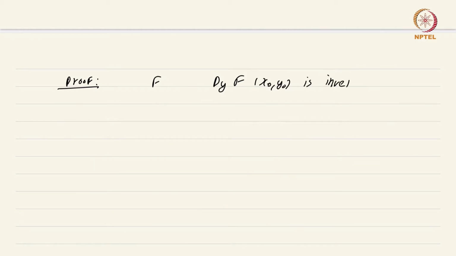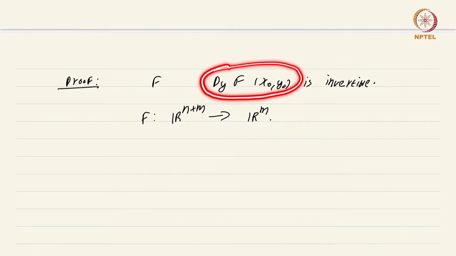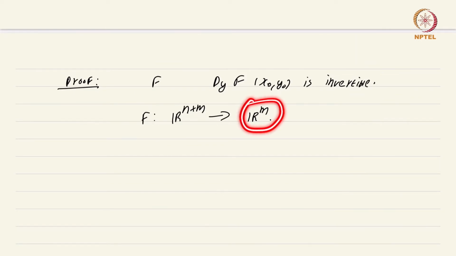But we cannot really apply the inverse function theorem because f happens to be a function from Rn plus m to Rm. Now this dyf x0 y0, the way it is defined, this is going to be a linear map from Rm to Rm. So there are n variables missing in the codomain of the function f. Somehow we have to increase the codomain by m variables.